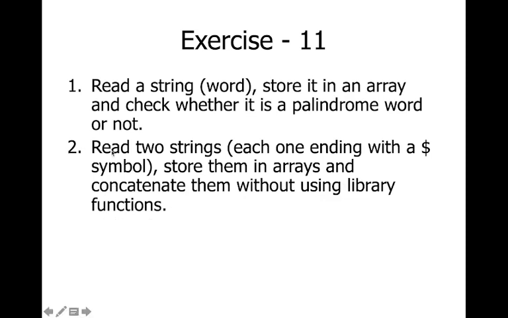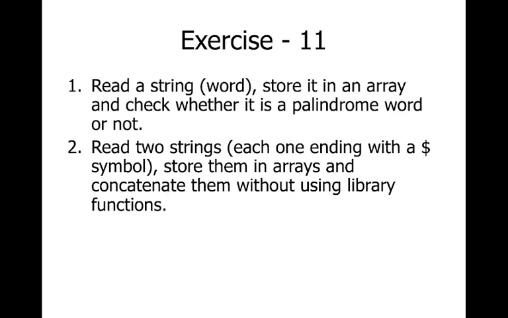Then another example: read two strings. Each one should end with a dollar symbol. So you have to terminate the string with a dollar symbol, which you have to enter explicitly. You have already seen how to enter a character explicitly. So if you enter hello world, after the D this dollar symbol should also be inserted. Then store them in arrays and concatenate them without using library functions. You should not use the strcat function.